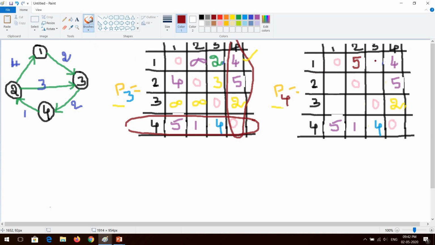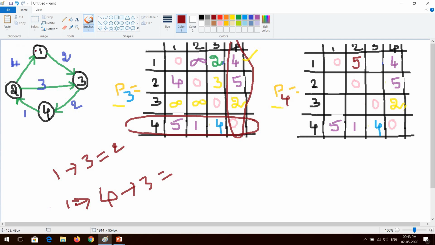So P4, 1 to 3, I am going to fill up. So 1 to 3 is of how much cost? Already 2. So probably there will be no change because 2 is the smallest value. Let us see what is happening. 1 to 3 is of cost 2. So 4 as intermediate vertex. So 1 to 4 and 4 to 3. 1 to 4, there is no direct path if you observe clearly, but it is 4.